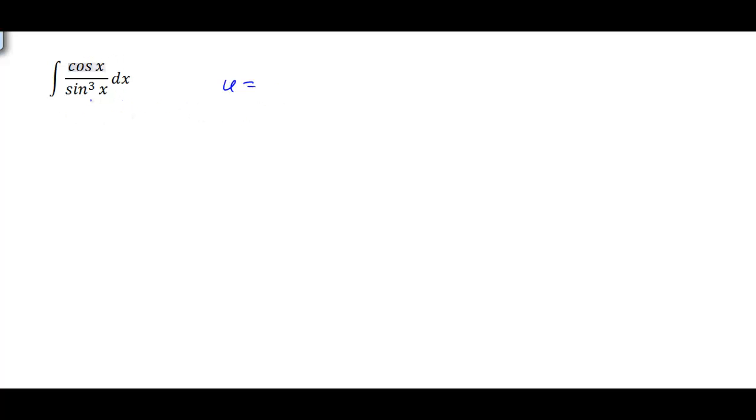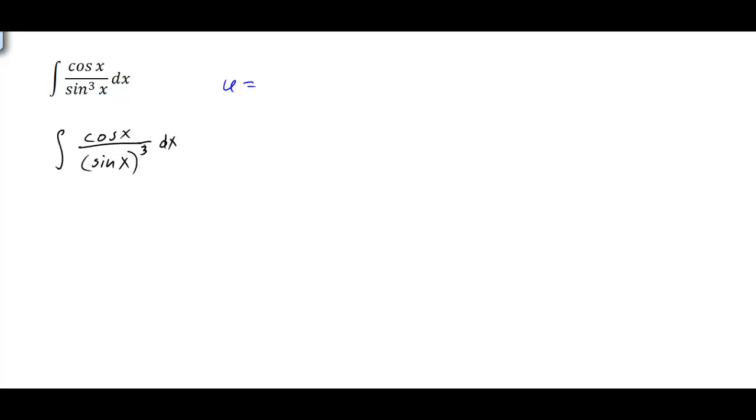Well, you may think we have sine cubed, so you could think of that as your inside function. In other words, if I was to rewrite this, couldn't we think of this as cosine x over, remember this sine cubed is the same thing as writing sine of x cubed.